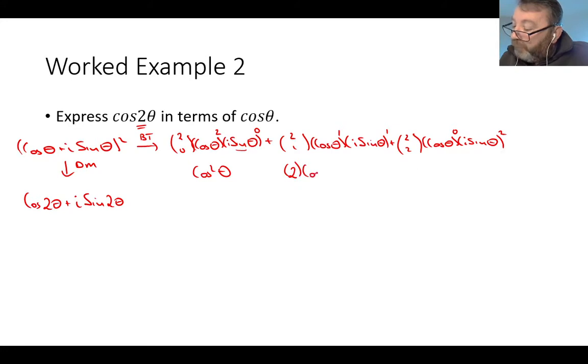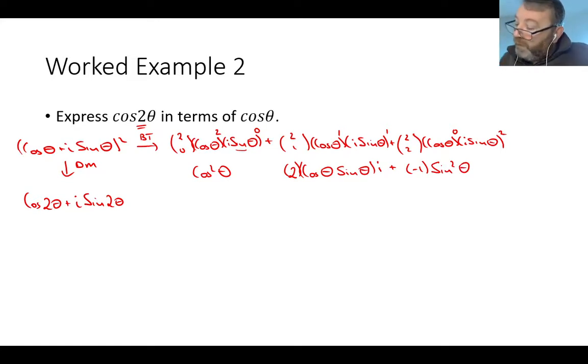Cos theta to the power of 1 is cos theta, and i sine theta to the power of 1 is sine theta by i. Let's put an i at the end. Okay, and then 2c2 is 1. Cos theta to the power of 0 is 1. So this is going to give me now i sine theta squared. The i squared is minus 1, and sine theta squared is sine squared theta.